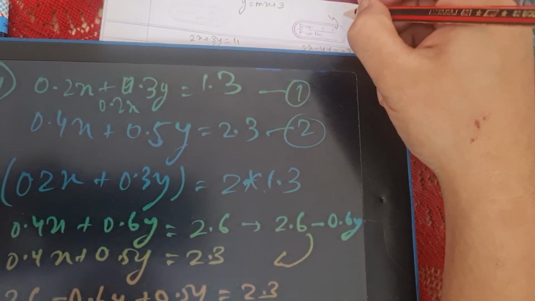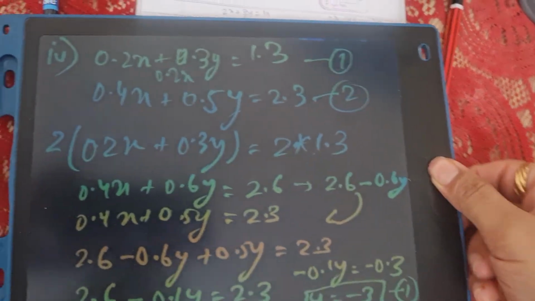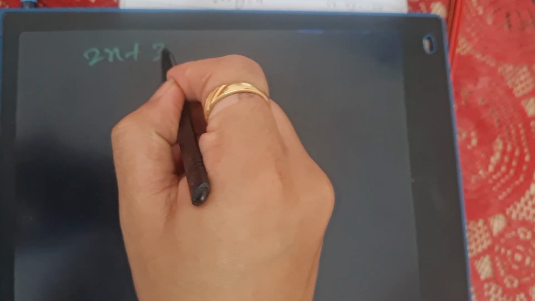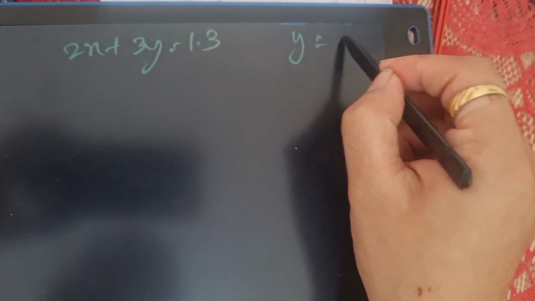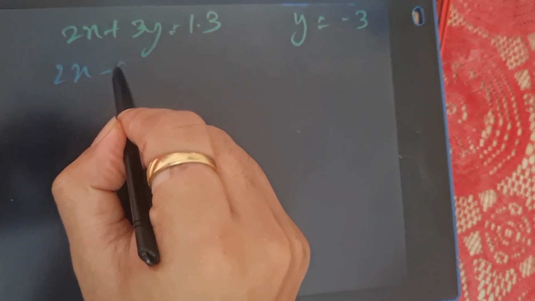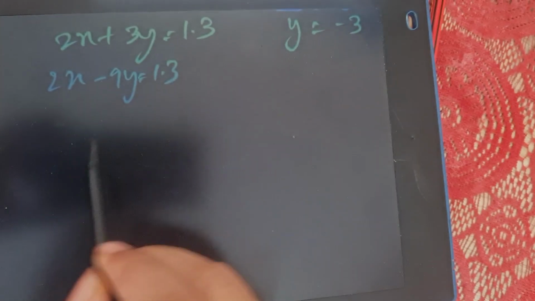And y is equal to minus 3. So 2x plus 3y is equal to 13 and y is equal to minus 3. So 2x minus 9 is equal to 13.